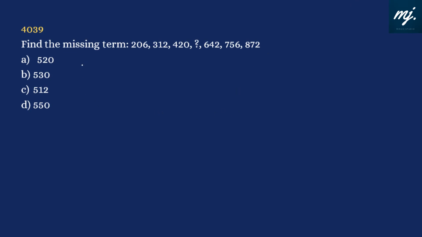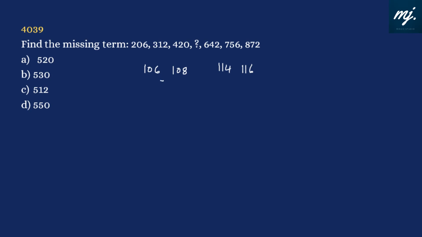Find the missing term. Okay, 206 to 312, difference is 106. 420 and 312, difference is 108. Here the differences are 106, 108.